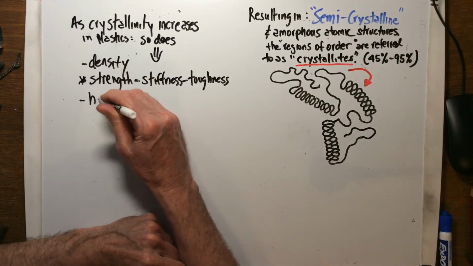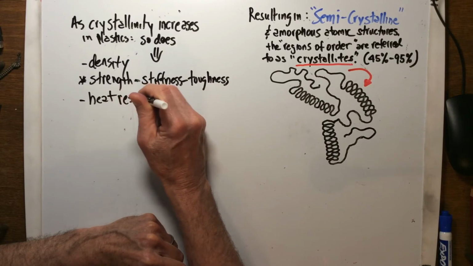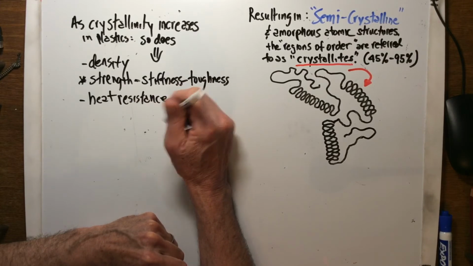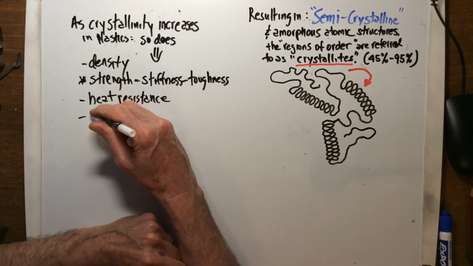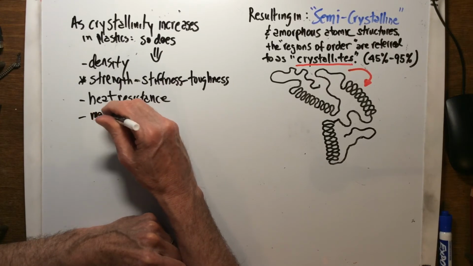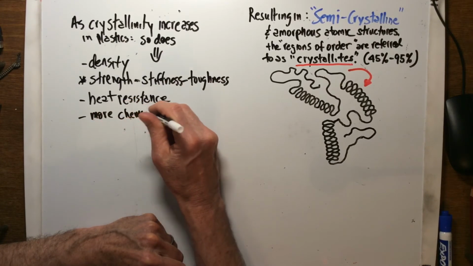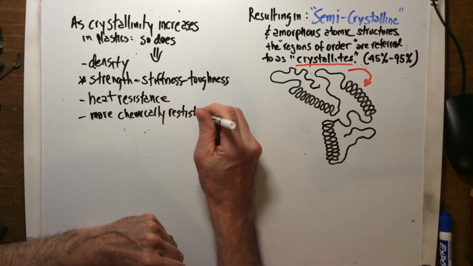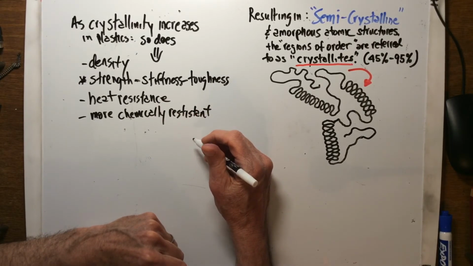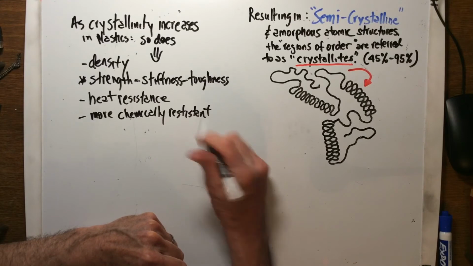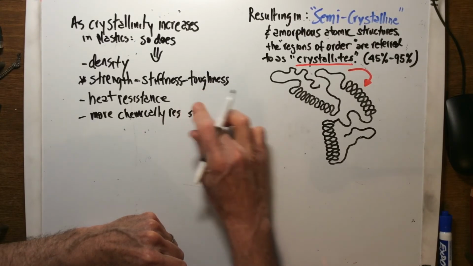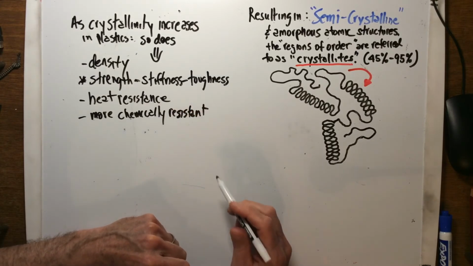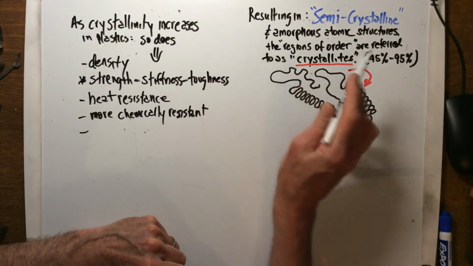It also has better heat resistance. The polymer has better heat resistance. And there goes the buzzer timer again. Along with that heat resistance, it is also more chemically resistant. It becomes more chemically resistant as the percentage increases.